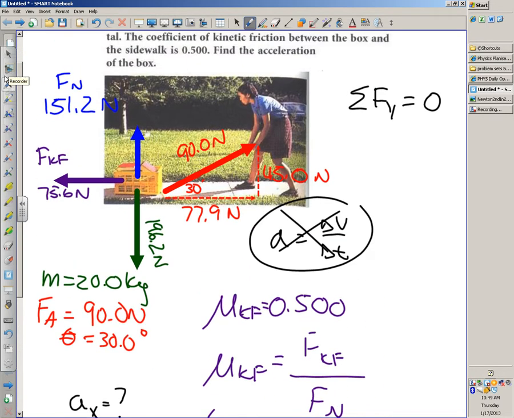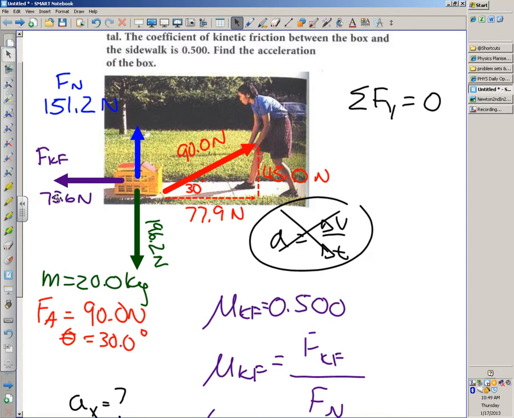How many horizontal forces are there in this picture? There are 2 horizontal forces. There is this one right here, the component of the applied force, and there is this one here, the kinetic friction force. Marty, go ahead.